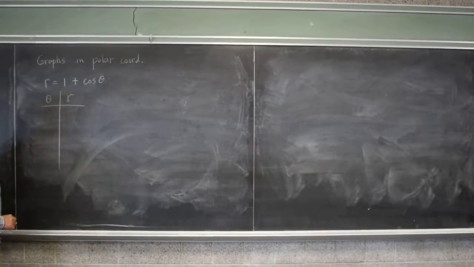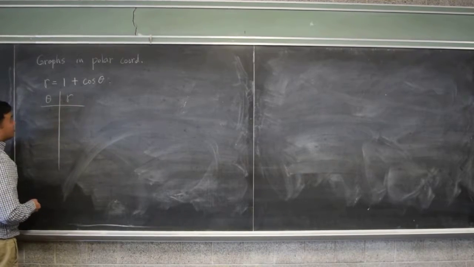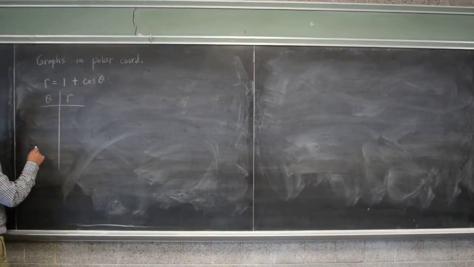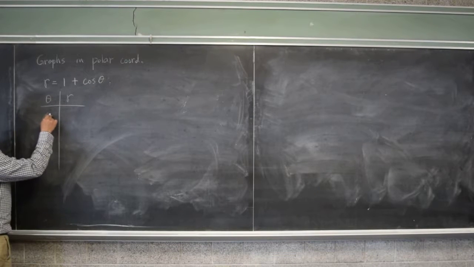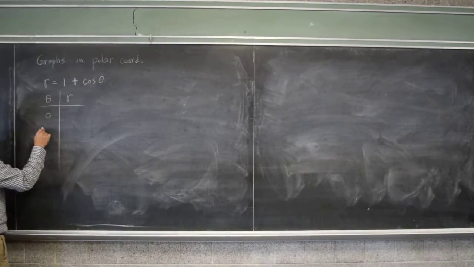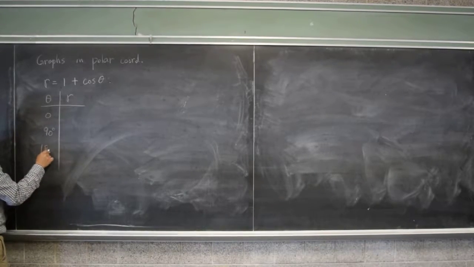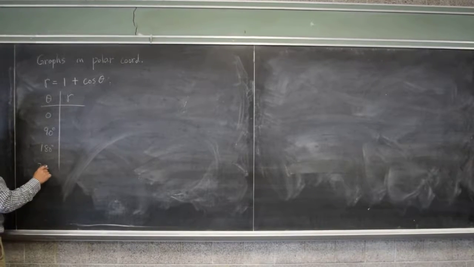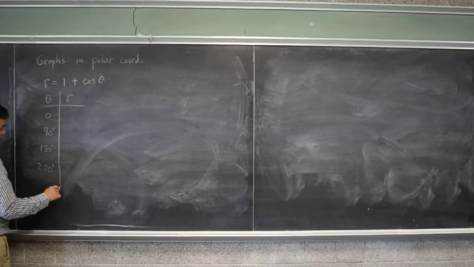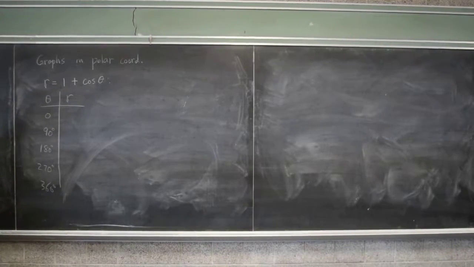The table is the most basic approach, so we do the tables. I'll just start with the really basic ones, and then let's try to fill in the other ones. So from 0 to 360 degrees.